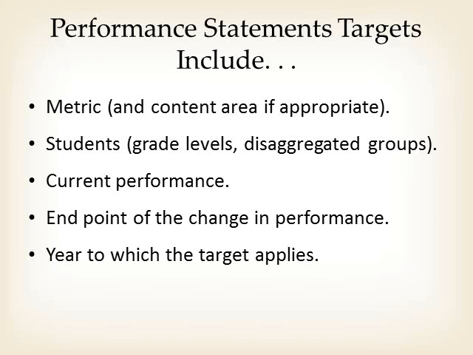For example, all students in grades 9 through 12, or K through 5 students identified as English language learners. The current performance on the measure, for example, 4% dropout rate. Endpoint of the change in performance on the metric, for example, 3%. And the year to which the target applies, for example, 2015 to 2016.